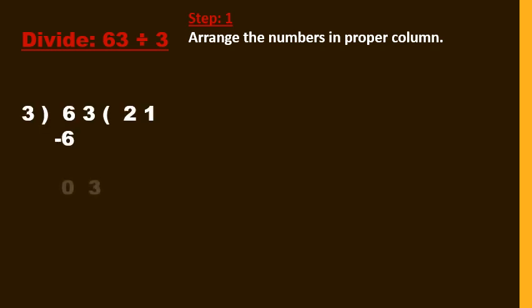So girls, here you can see that we have 63 as dividend. So 63 means 6 tens and 3 ones. You can see that we have placed the number according to their place value, right?